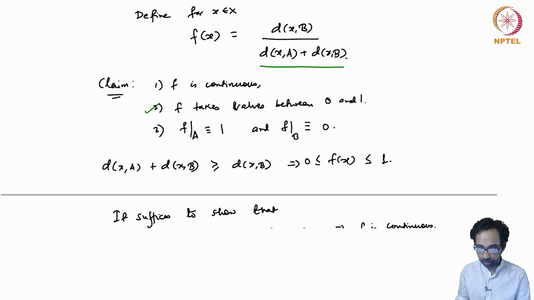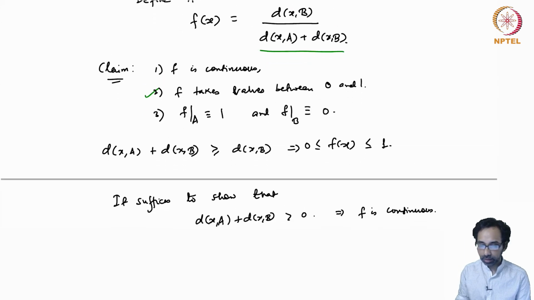Because it will be a quotient of two continuous functions, and the denominator is always strictly positive. So then f will be continuous.